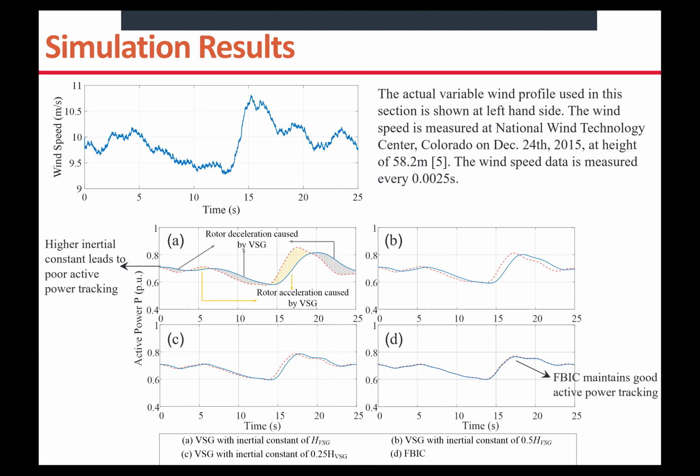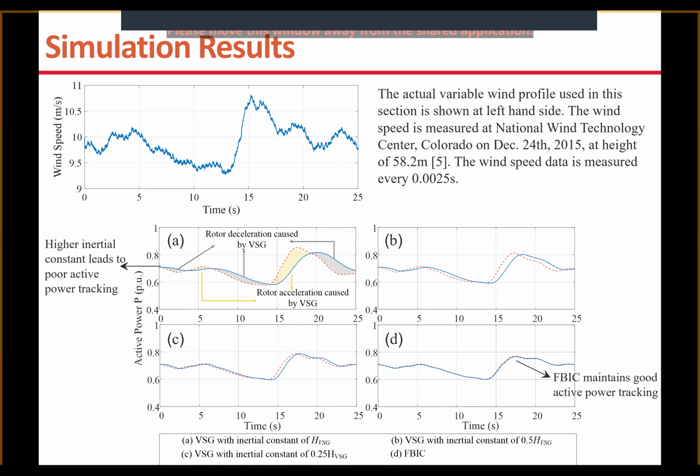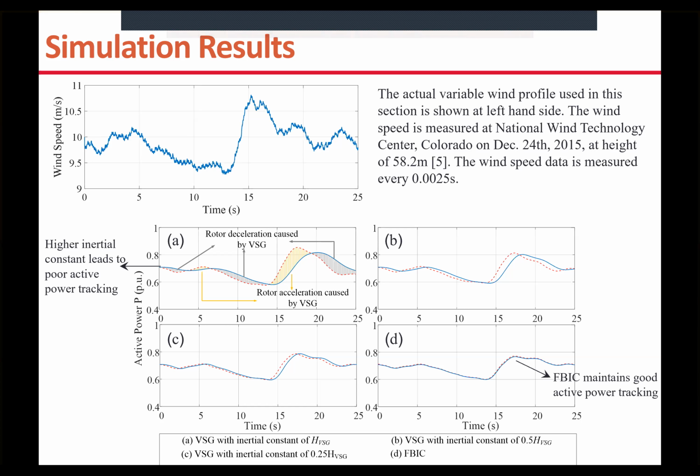And these are more simulation results, but with some realistic wind profile. As you see, the output active power, and we have different cases A, B, C, D. In case A, we have VSG with a large inertial constant.